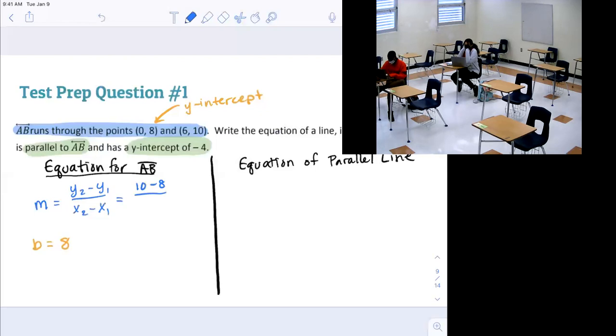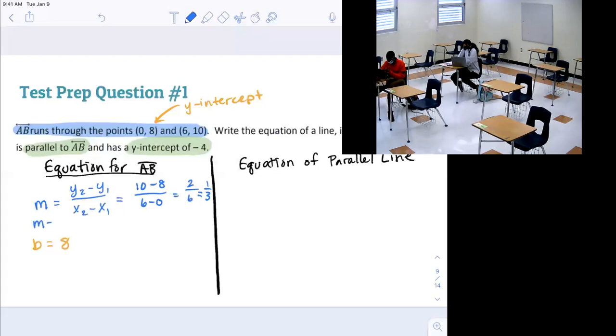Yeah, Janelli's is right, 6 minus 0. All right, 10 minus 8 gives me 2. 6 minus 0 gives me 6. And I simplify that and I get 1/3. Good, 1/3.